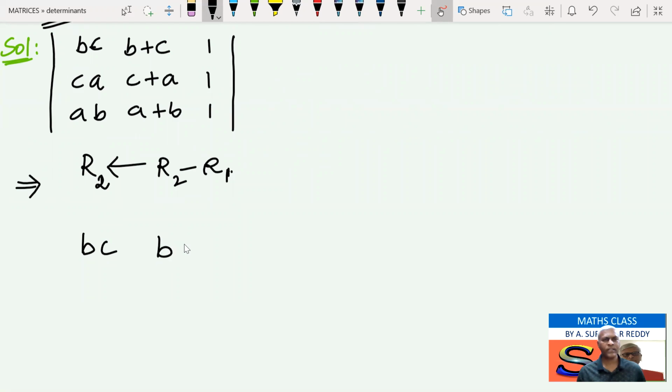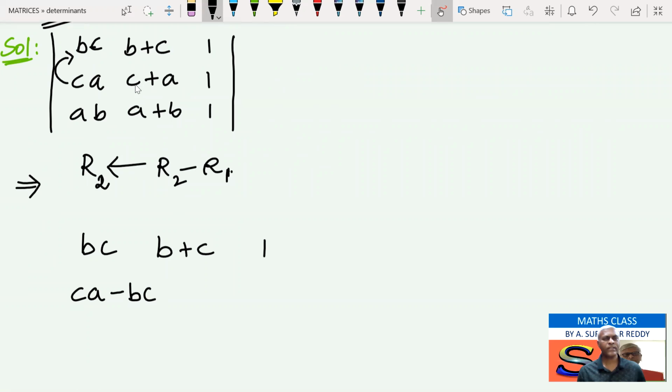BC, no change in the first row. And I am changing the second row as R2 minus R1. I am subtracting R1 from R2. So CA minus BC.